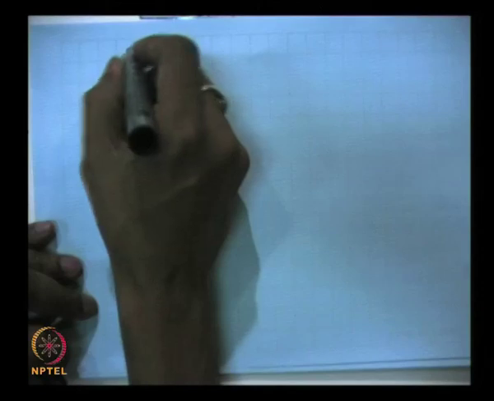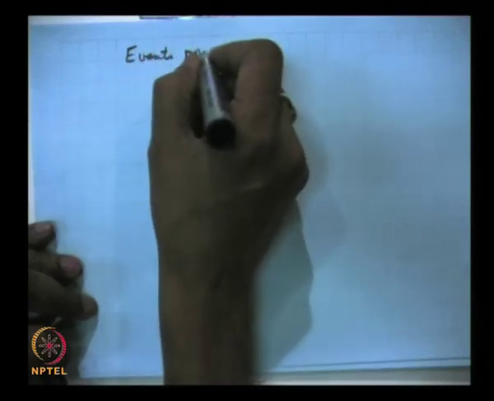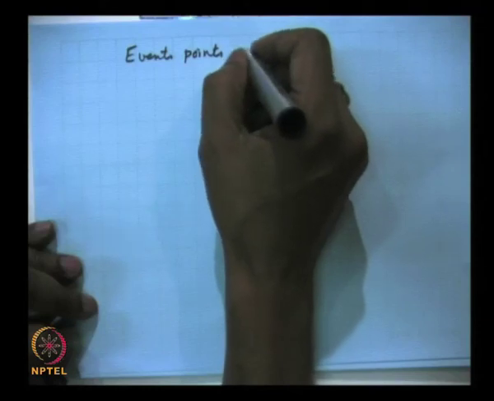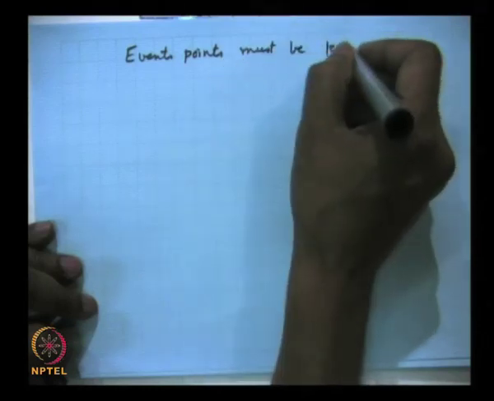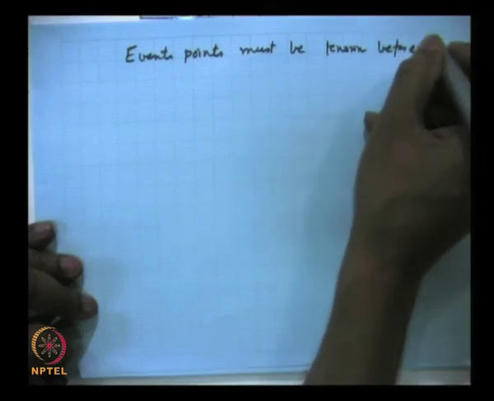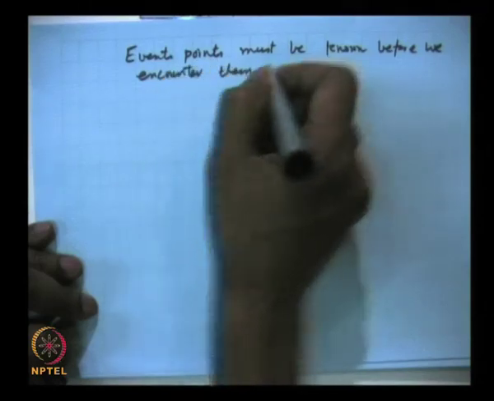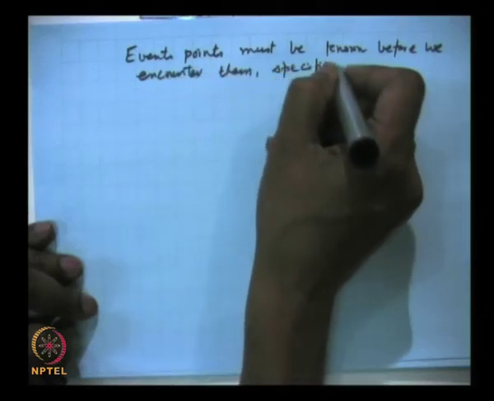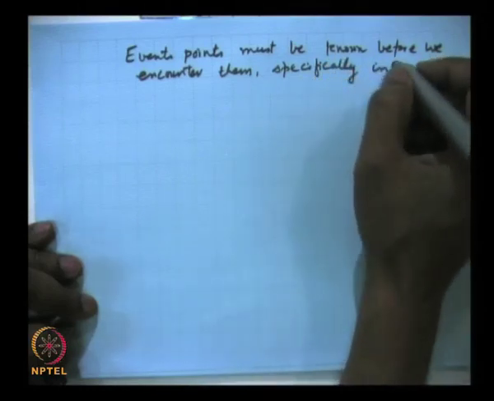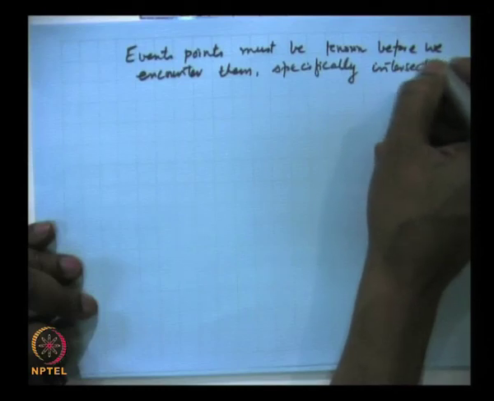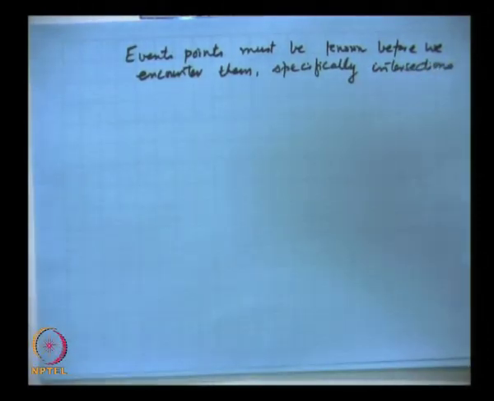So, in other words, what I am saying is, event points must be known before we encounter them. Specifically, intersections. The left endpoints and the right endpoints are known to us, right.